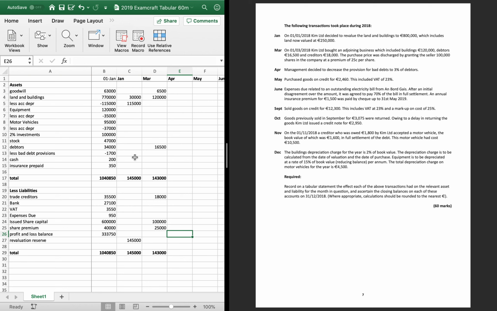So to do that, we can just do it as a working. The new BDP is going to be 3% of debtors. Now it has to be 3% of the total debtors, which is 34,000 plus 16.5, which is 40,500.